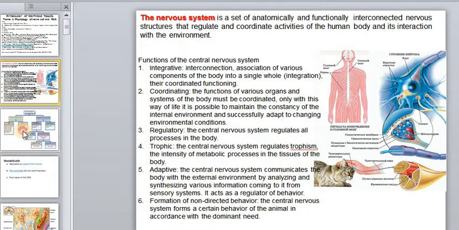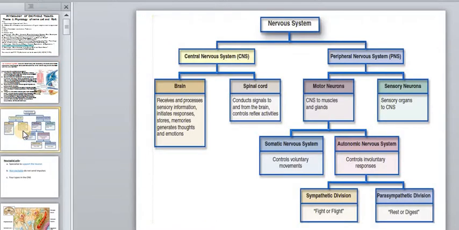The nervous system can be divided into 2 major regions, the central nerve system and the peripheral nerve system. The central nerve system consists of the brain and spinal cord, and the peripheral nerve system has its motor part, somatic part, and automatic part, the vegetative nerve system.